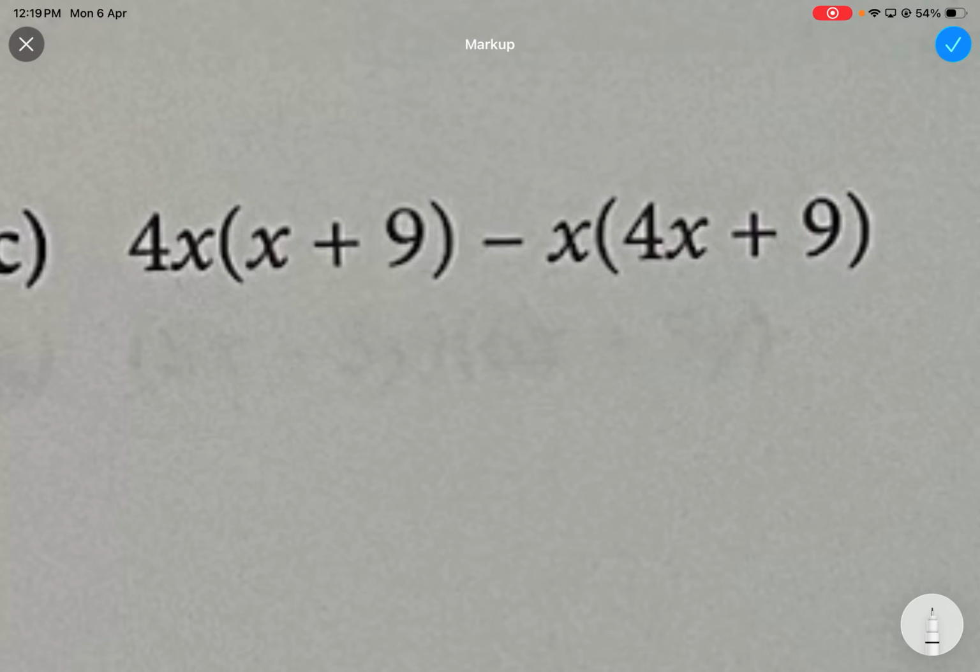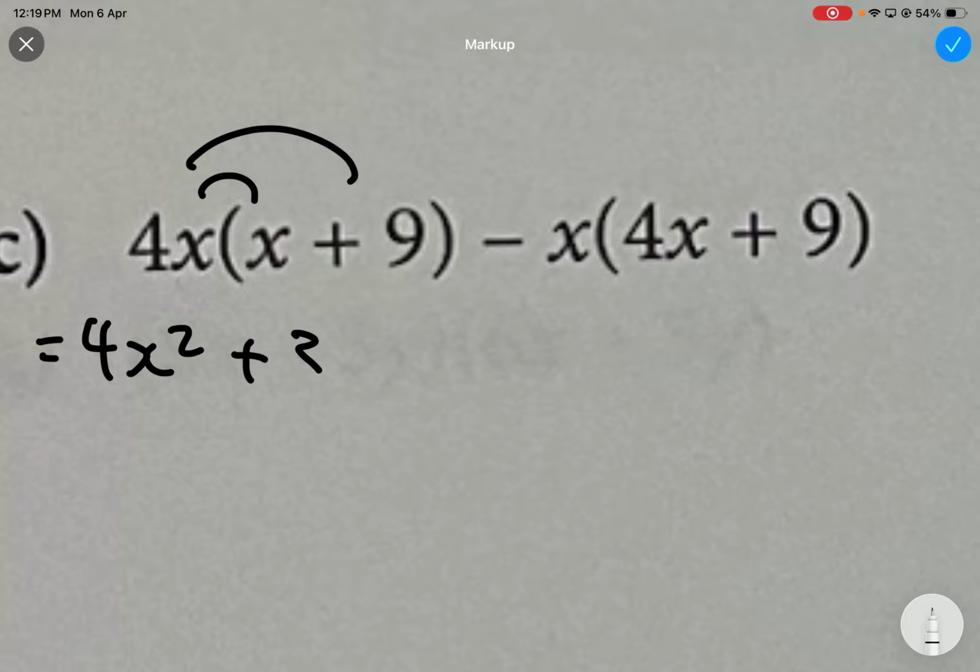There is a multiplication. So I have to do the multiplication, then I subtract whatever the result of here is. Okay? So for this first multiplication, okay, the difficult part is here.